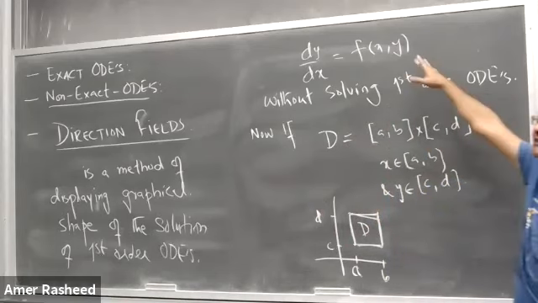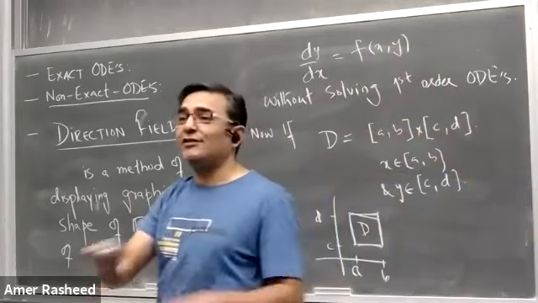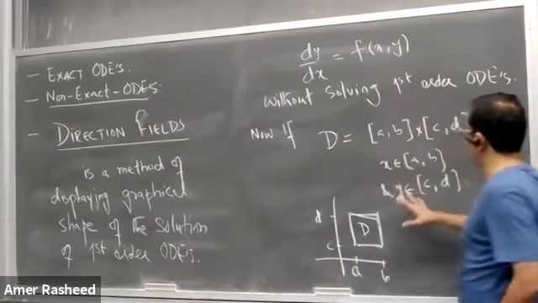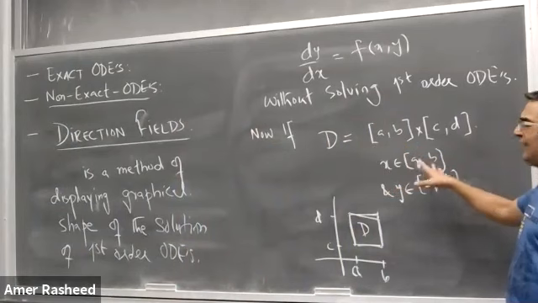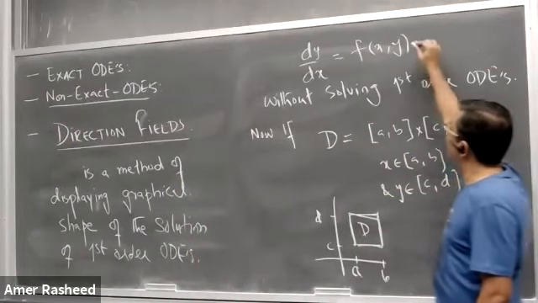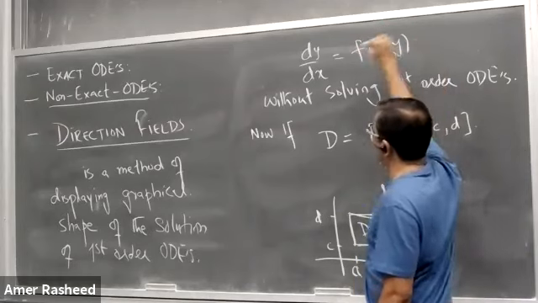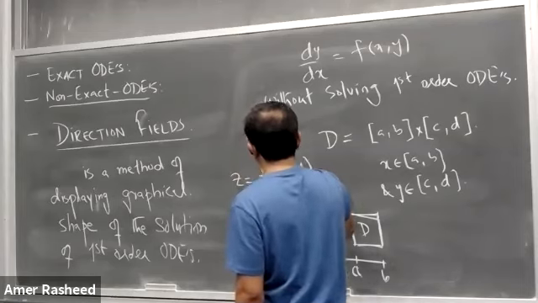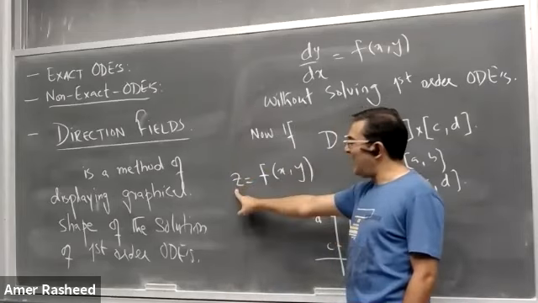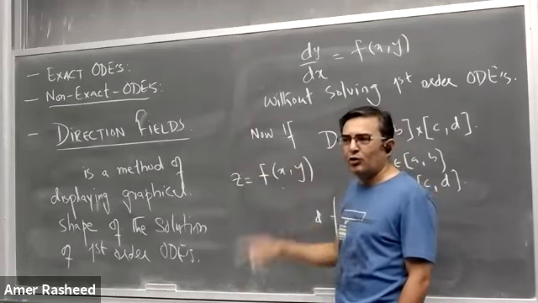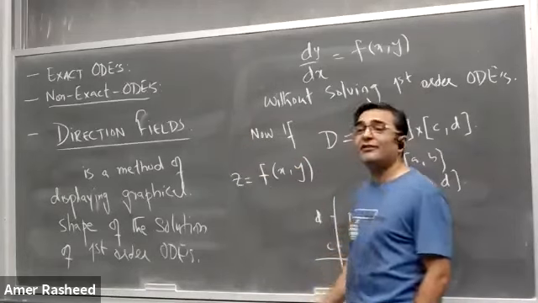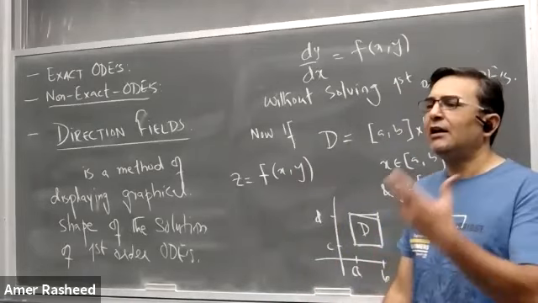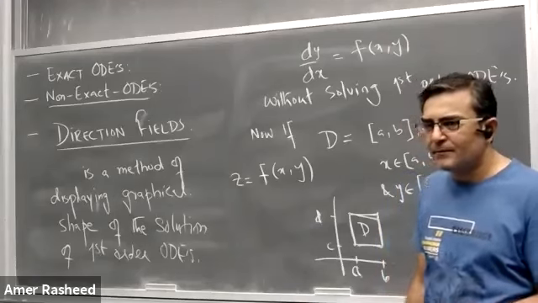We are assuming here y is a dependent variable, y depends on x, but here we are assuming that y is an independent variable, which varies between c and d, and x varies between a and b. Because if you are considering this as a function f of x, y, then z is equal to f of x, y. We assume that x and y are independent variables. z depends on x and y both, because this will be a surface function, a two-variable function, not a single variable function.